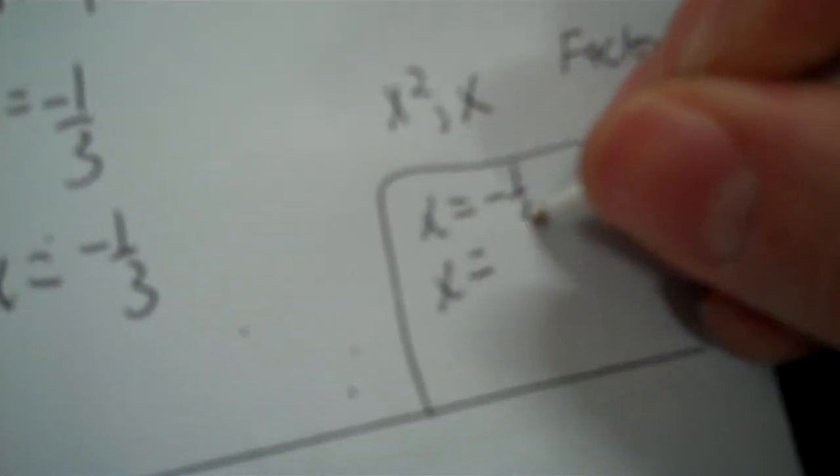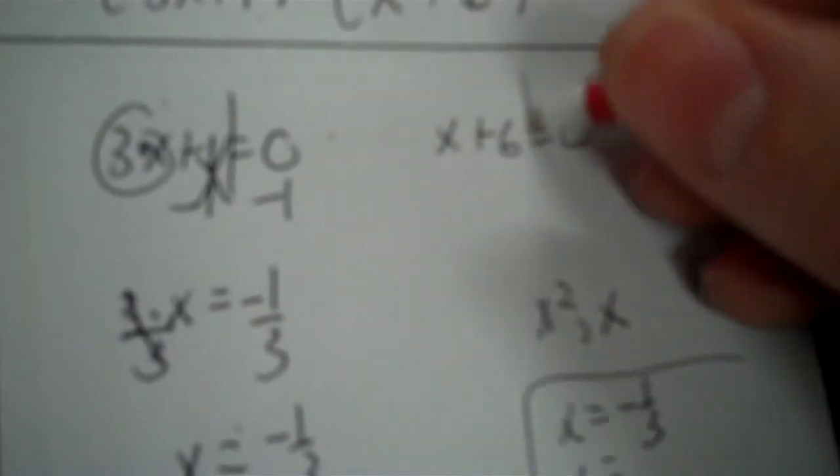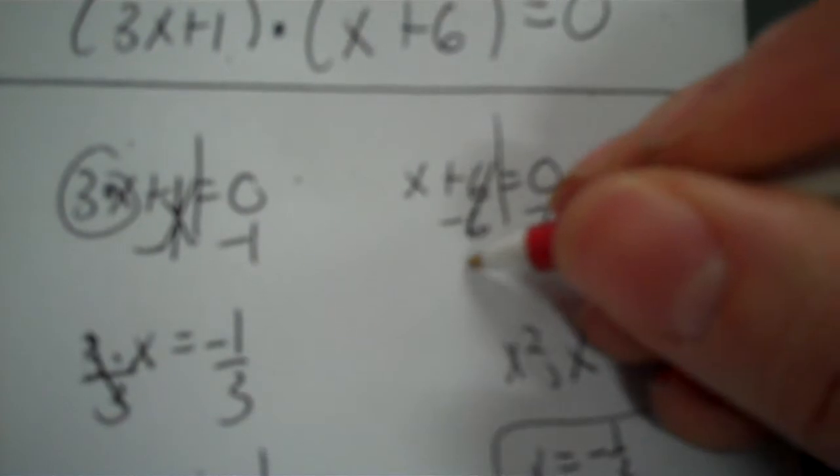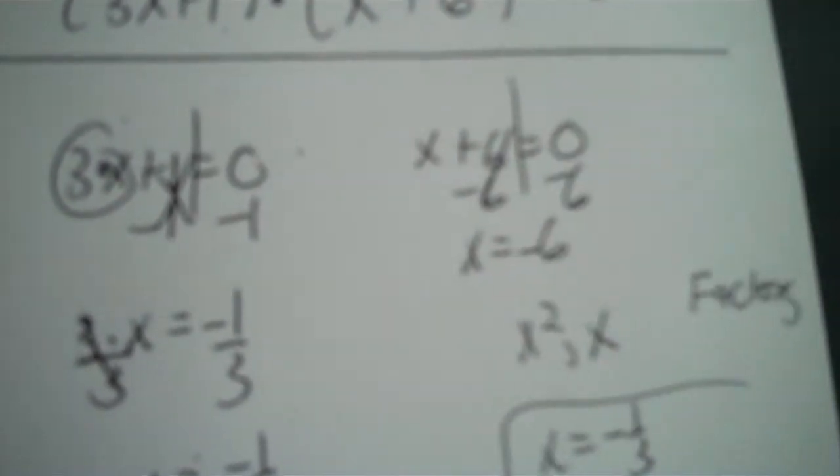So negative 1 divided by 3. Second PRB, negative 1/3. Then x plus 6, there's no multiplying number because you took the 1 away, which is the point because it's stupid to divide by 1, so it's negative 6.